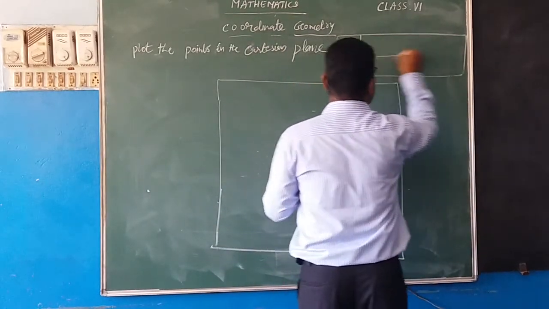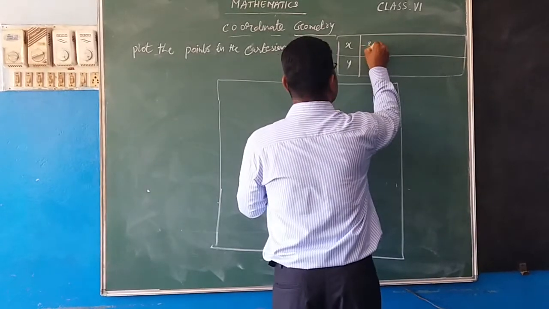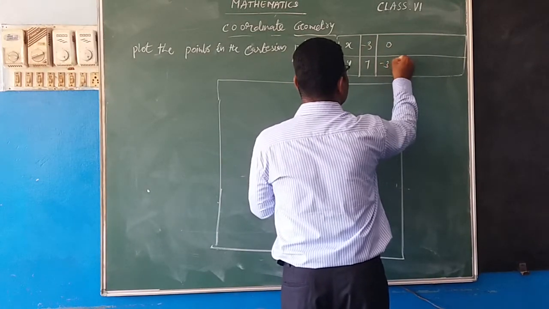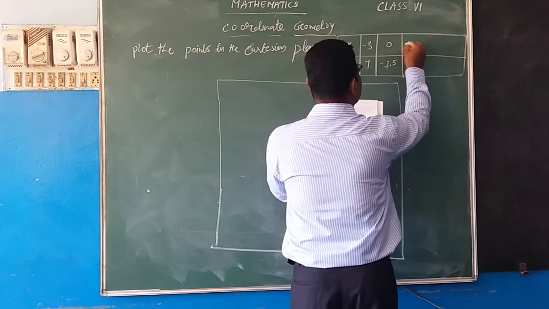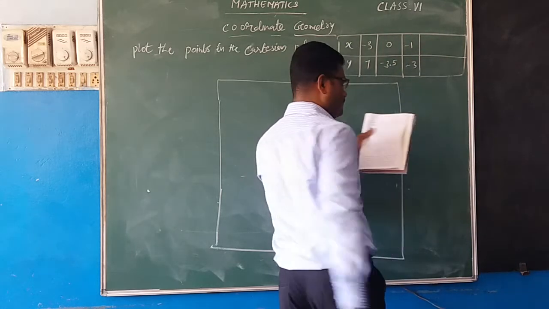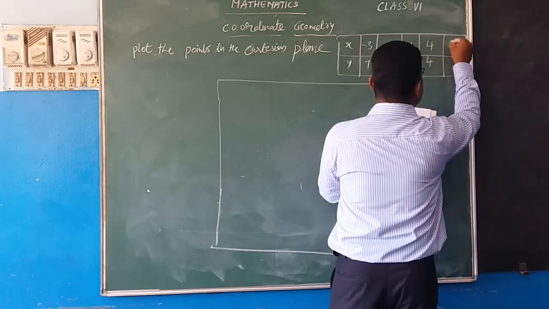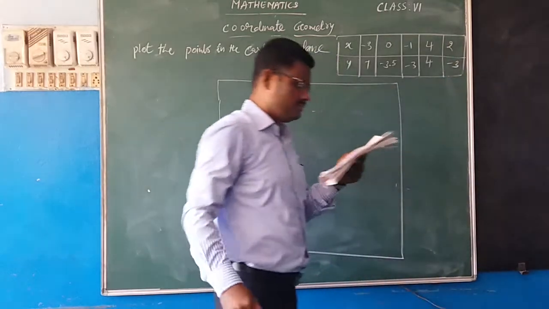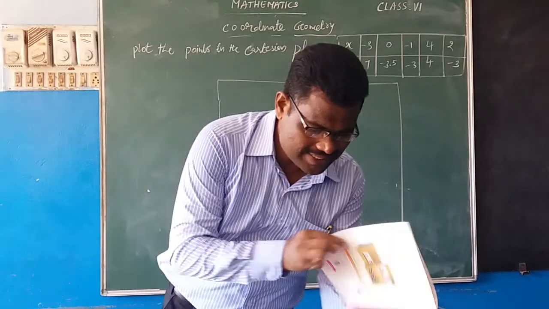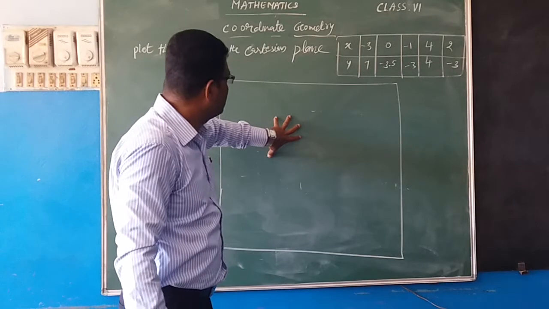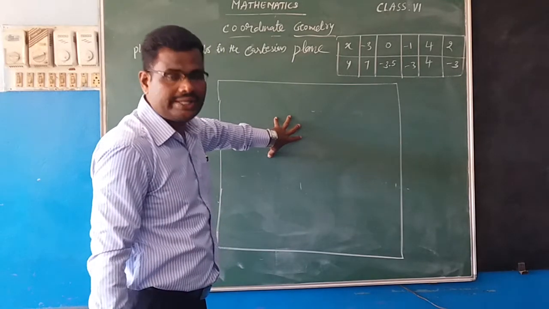Suppose the points are -3, 7; 0, -3.5; -1, -3; 4, 4; and the last point is 2, -3. As I said, we need to locate these points in a Cartesian plane, in a graph sheet.